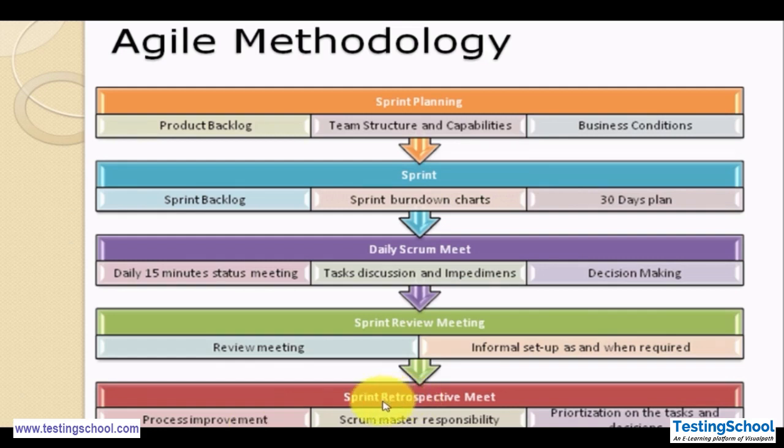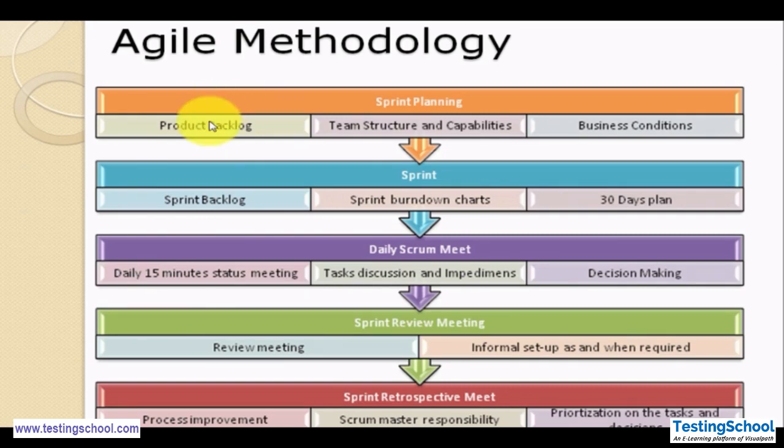This is discussed in our sprint retrospective meeting, and we decide whether the Scrum Master followed their responsibility successfully, or whether he also needs any improvement in his working behavior. So this is a diagram which we will follow in our agile model.